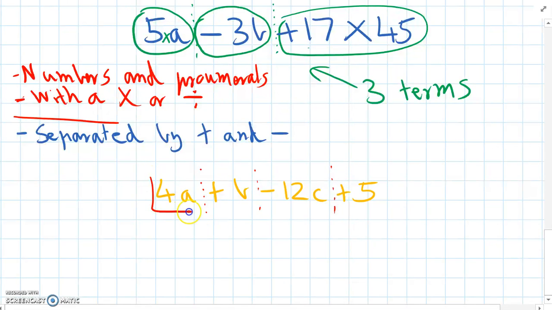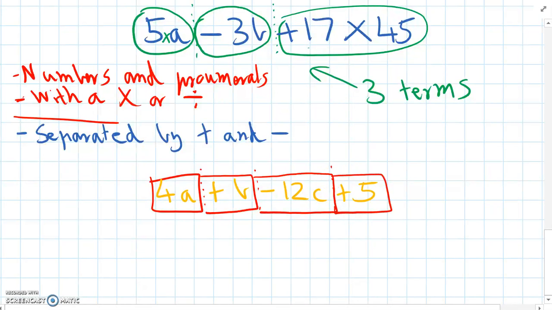So we have 4a is a term, positive b is a term, negative 12 times c is a term, and positive 5. And positive 5 doesn't change, so it's a constant, remembering our language from before. So this expression has four terms in it.